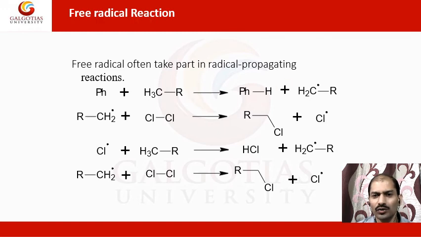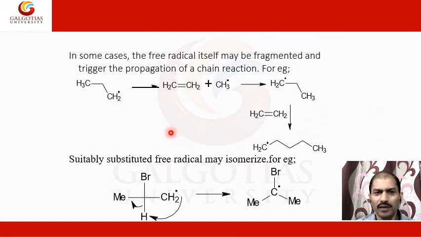over the stratosphere. In many more cases, the free radical itself may be fragmented and trigger the propagation of a chain reaction. Here you can see it fragments itself and propagates the reaction, and the reaction keeps increasing, again this molecule attaches with another molecule and makes a longer chain.